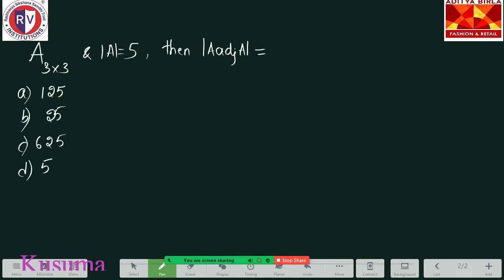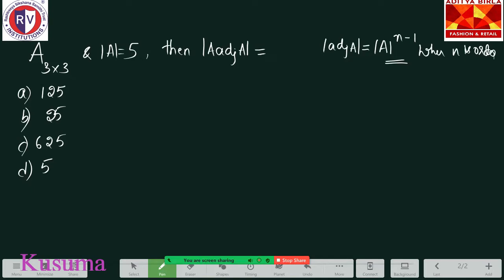Okay. So here we have to make use of a property, that is the determinant of adjoint of A is nothing but determinant of A to the power n minus 1, where n is the order of the matrix.